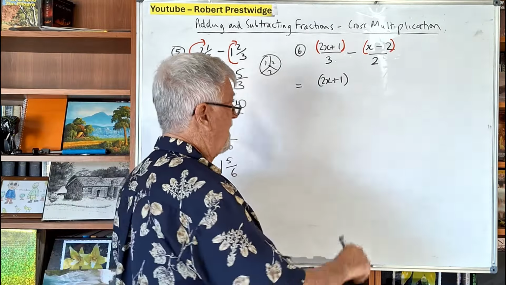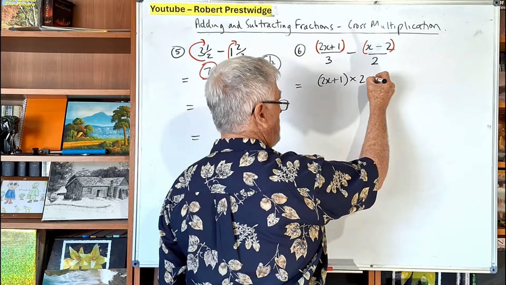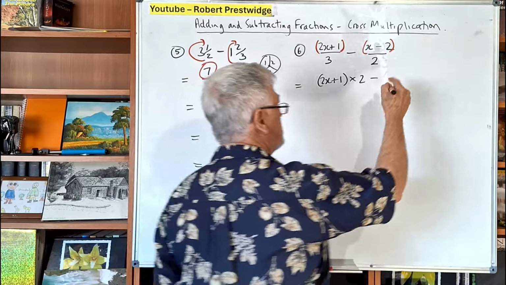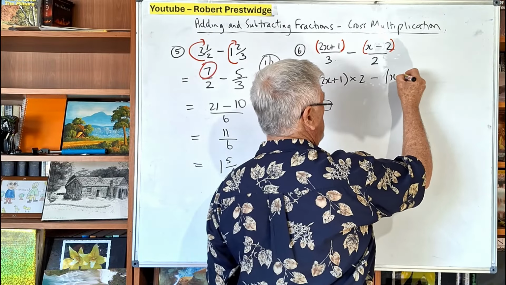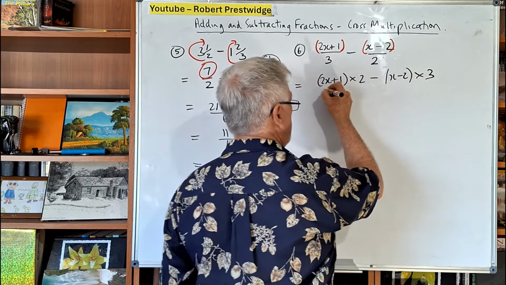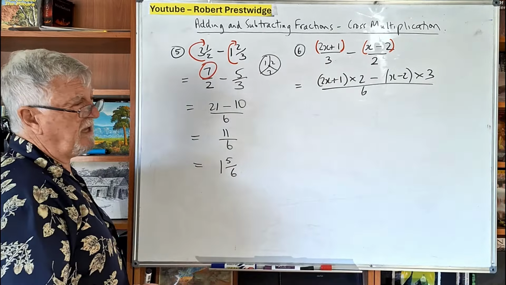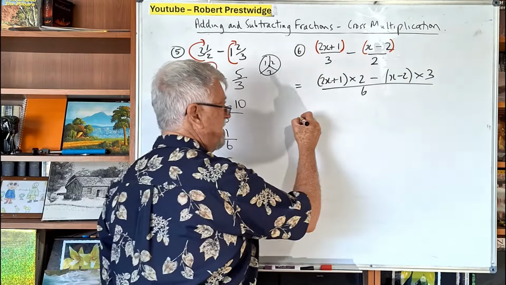Now I can show you the shortcut in a moment. So it's that times 2 minus that times 3. Now let's just keep going with that for a moment. I've got x minus 2 times by 3, and then the bottom becomes just 6. Now, there are shortcuts galore you could make, but I'm going to keep going with it as it is.